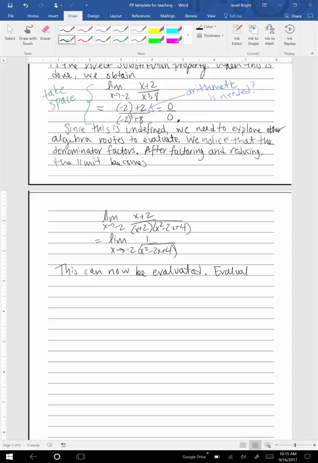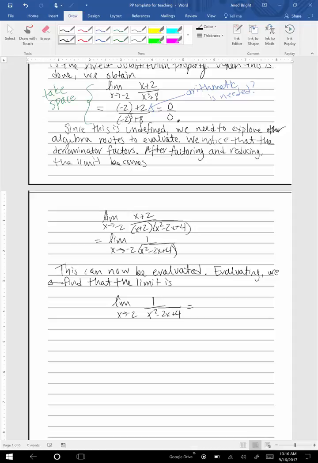Evaluating, we find, and that should actually be over there, we find that the limit is, and then I'm just going to do limit as x approaches -2 of 1 over x squared minus 2x plus 4, and then now here I'm going to skip showing the evaluation because that is just arithmetic.